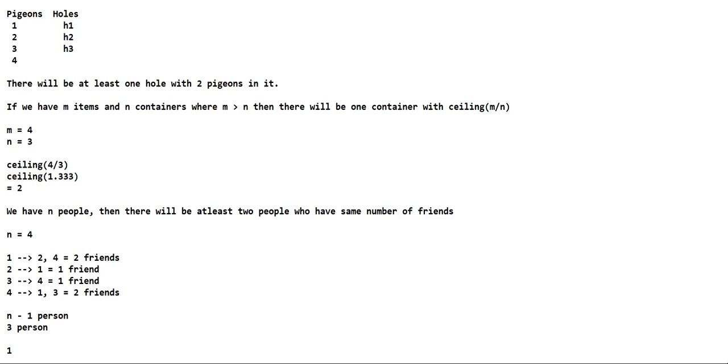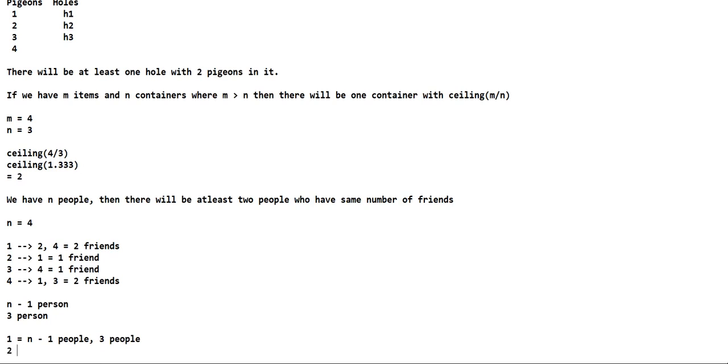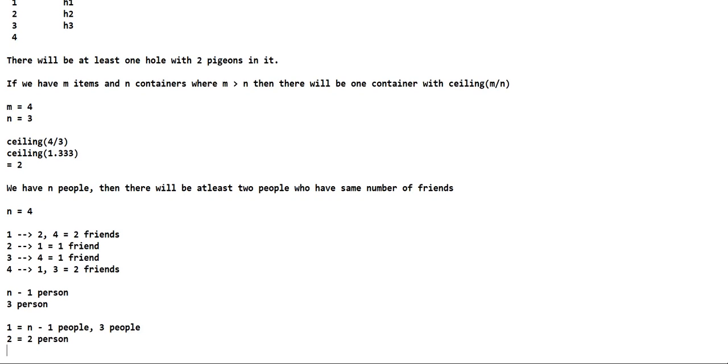So let's do this. Let's say person number 1 is friends with n minus 1 people. In our case, person number 1 is friends with 3 other people. Let's say person number 2 is friends with n minus 2, so he is friends with 2 other people.